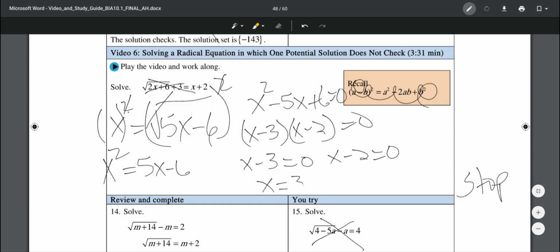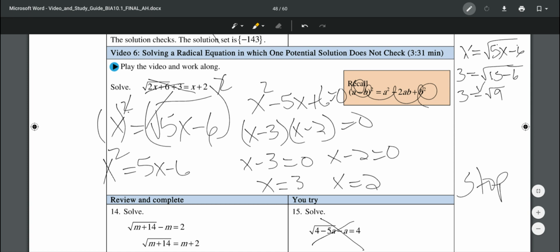x equals 3 and x equals 2. Now, I have to plug both of those in to make sure that my answer is legit. The original problem was x equals the square root of 5x minus 6. So I'm going to plug 3 in first. 3 equals the square root of 15 minus 6. 3 equals the square root of 9, and that is correct.